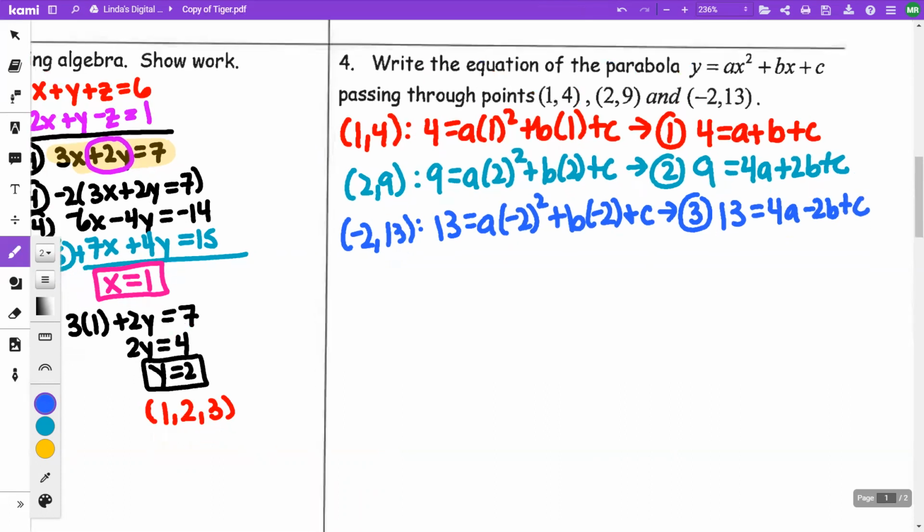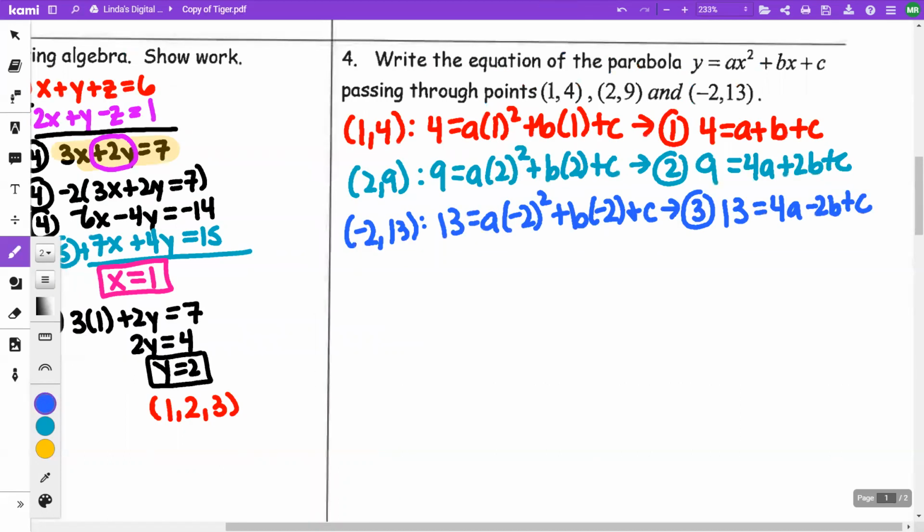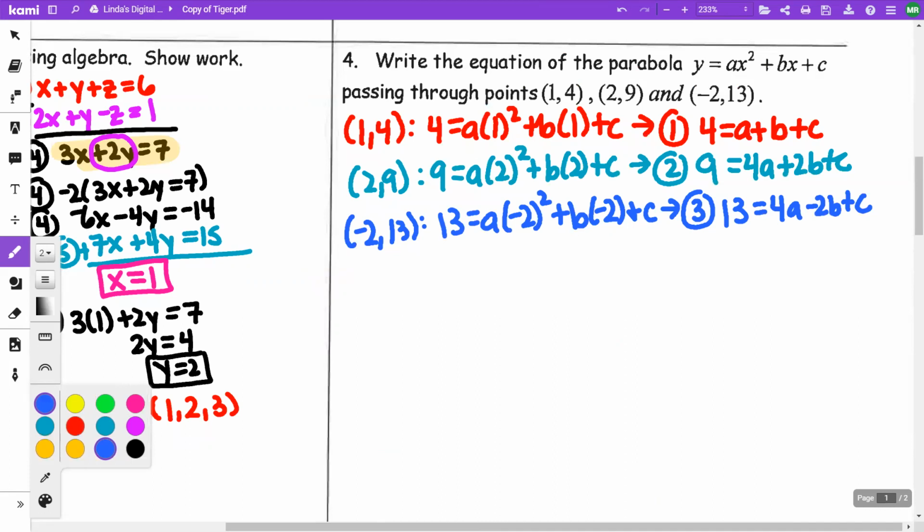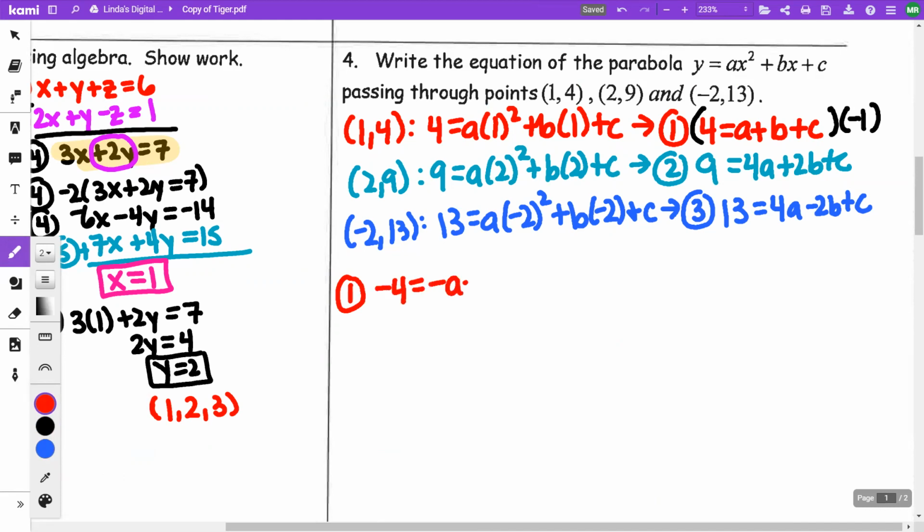Again, I'm going to eliminate my c's. And I think what I'm going to do is multiply the first equation by a -1. So I'm going to have -4 is equal to -a minus b minus c.